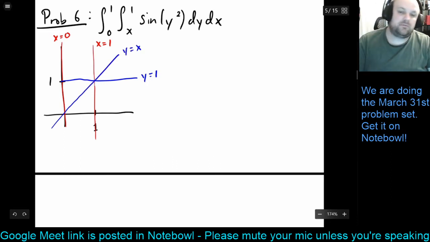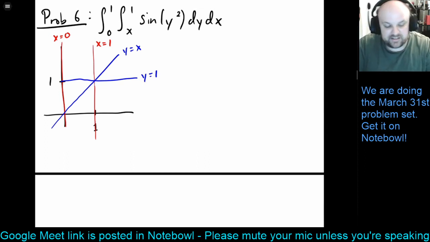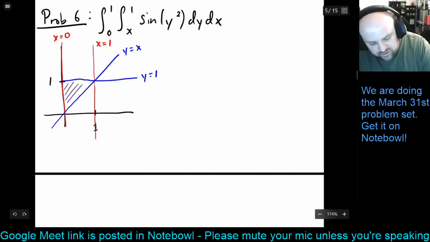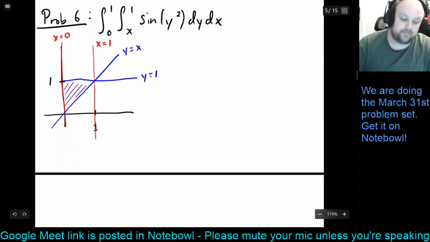So when we sketch the region, this first integral gives bounds for y, so we graph y equals x and y equals 1. The next integral is for x, so we graph x equals 0 and x equals 1. Then you're looking for a region bounded by all these things, and in this case, it's this triangular region right here.